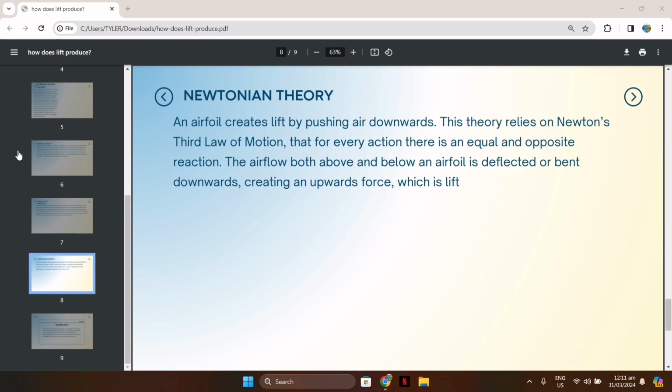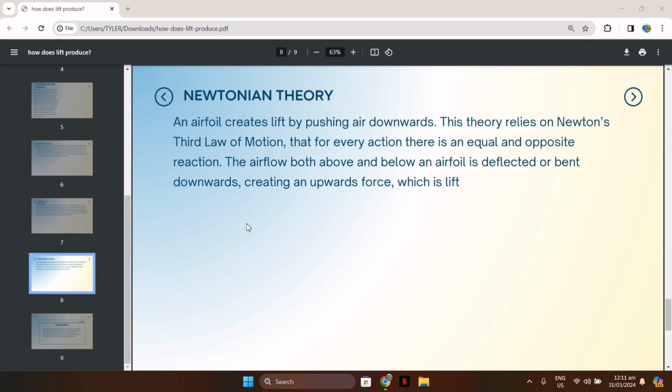So the Newtonian theory of lift, also known as the action-reaction theory, is another explanation for how an airfoil generates lift. It is based on Newton's third law of motion, which states that to every action there is an equal and opposite reaction.